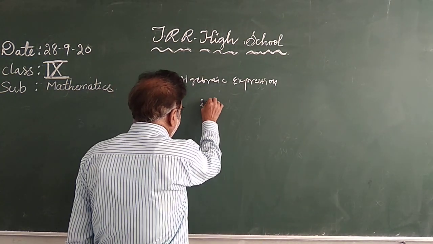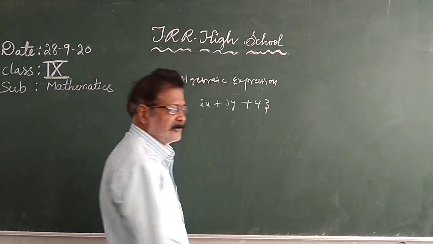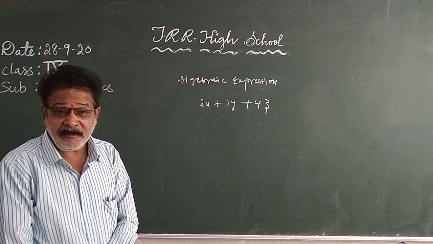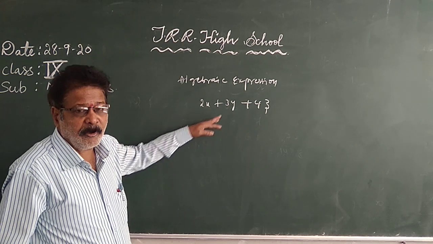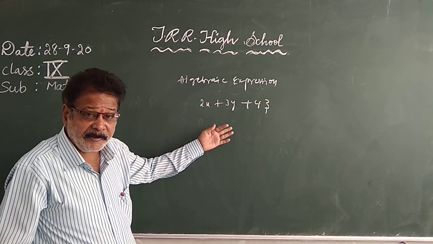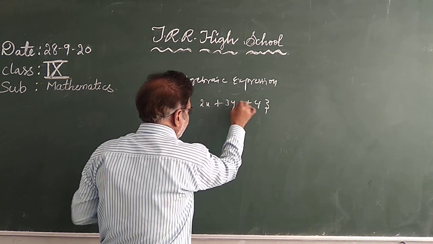Example, 2x plus 3y plus 4z. This is an algebraic expression. Why is it an expression? This is a group of some terms. A group of terms forms the expression. Why is it an algebraic expression? The group of terms are connected by the signs plus.